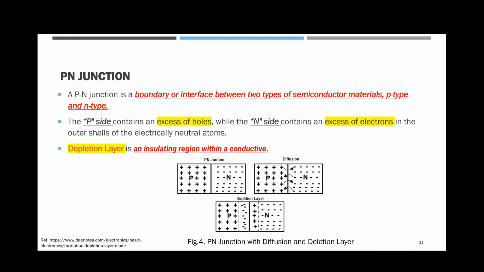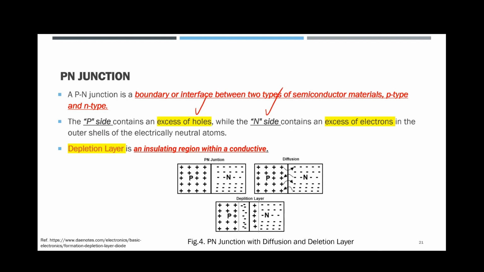Okay, so one more time from these slides, the p-n junction is the boundary or interface between two types of semiconductor material, p-type and n-type. The p side contains, as we learned in the previous slides, holes, while the n side contains excess electrons in the outer shells of electrically neutral atoms. Then we have to understand the depletion layer concept for the p-n junction.